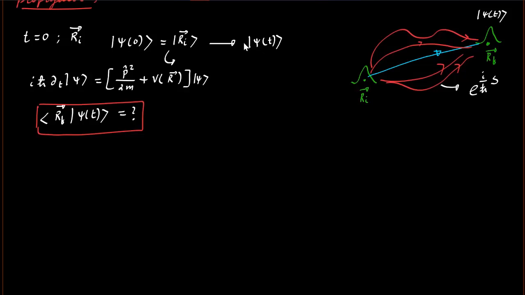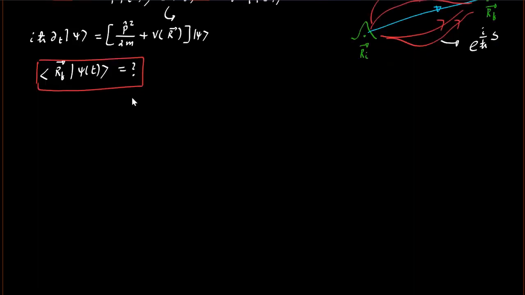Okay, or we can also do the same by solving the Schrodinger equation. So let's see. What I said is at time t0 we have our state psi 0, right?